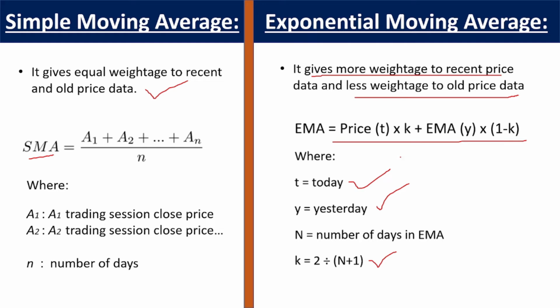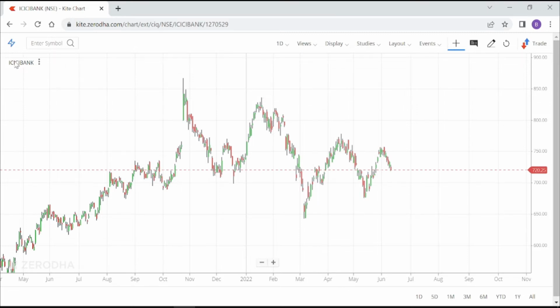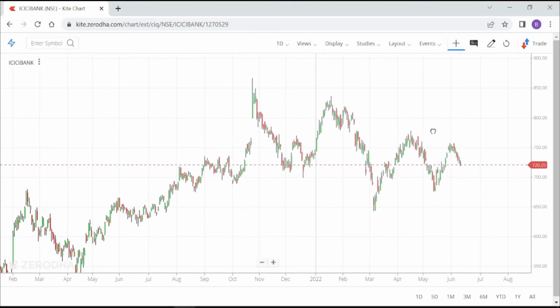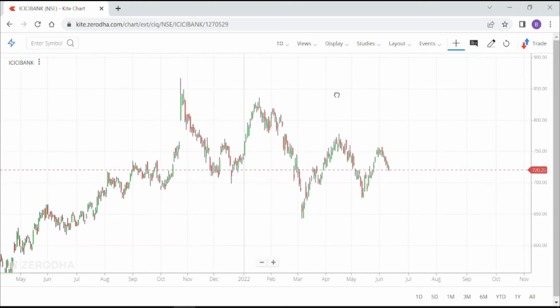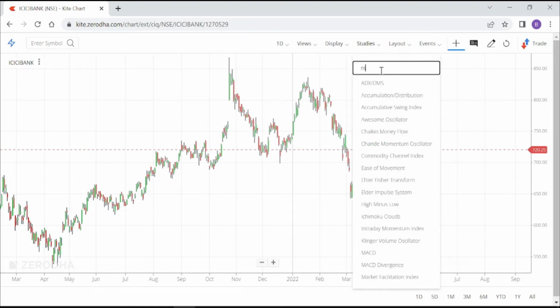Now let us see how it looks when we apply it on the chart, so you get a clear difference between a simple moving average and an exponential moving average. We have taken ICICI Bank with a 1 day time frame. This is how the chart looks. Now let's apply the moving average indicator. When we click on studies, let's type moving average.